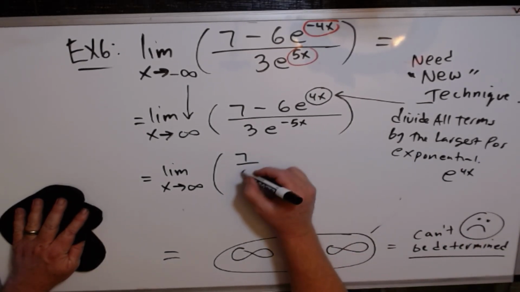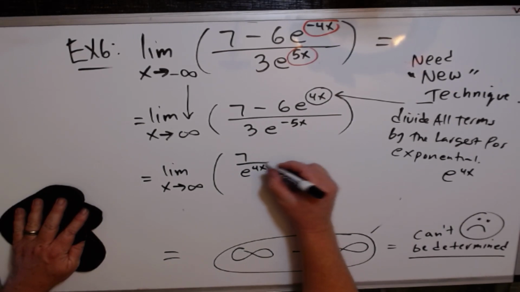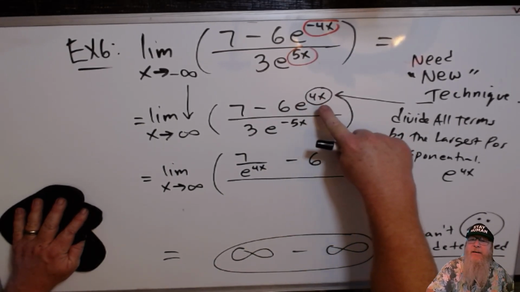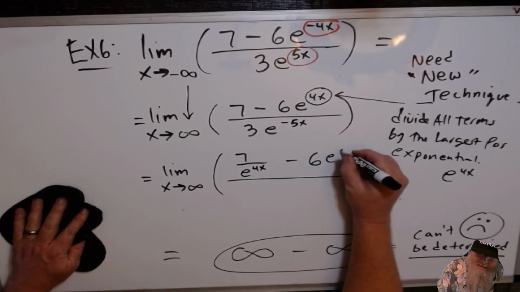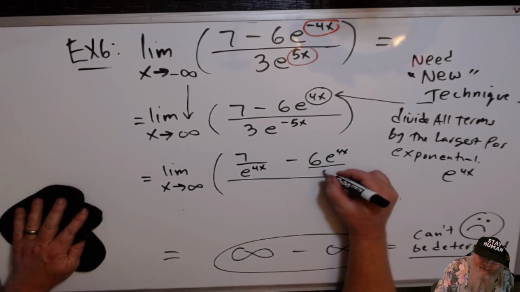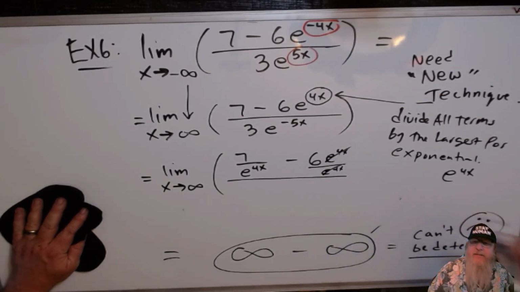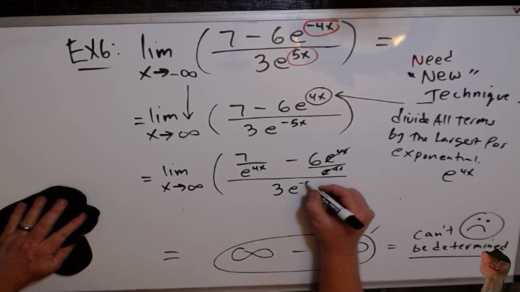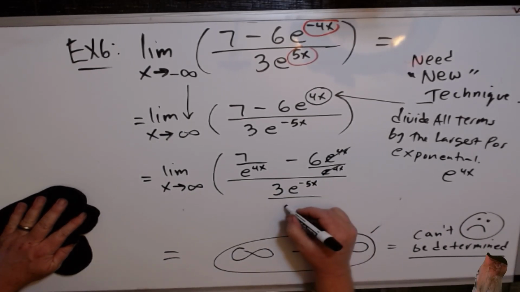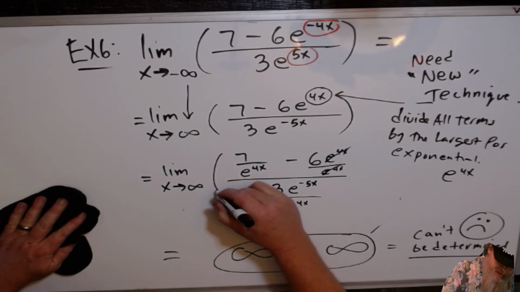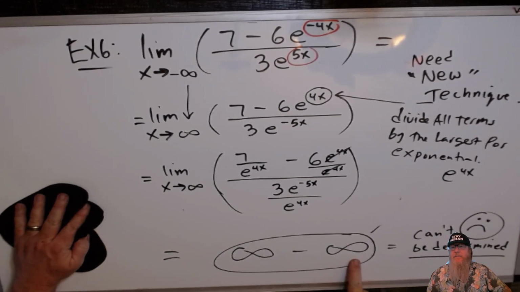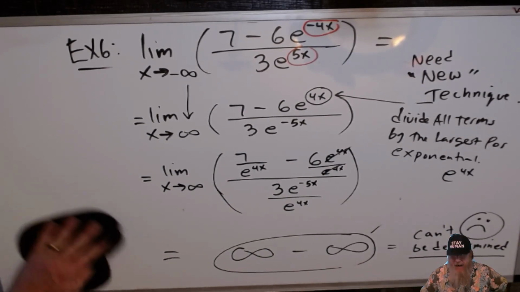So it's going to be 7 over e to the 4x minus 6. Notice when you divide that one, it's e to the 4x over e to the 4x. Those are going to cancel out. So it's just going to be 6. And then I'm going to get 3 e to the negative 5x over e to the 4x. And what this does is it kills one of these infinities. It's going to turn one of these into a number, and then I can resolve it.